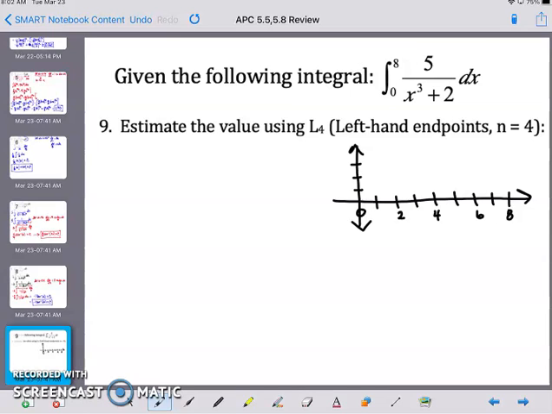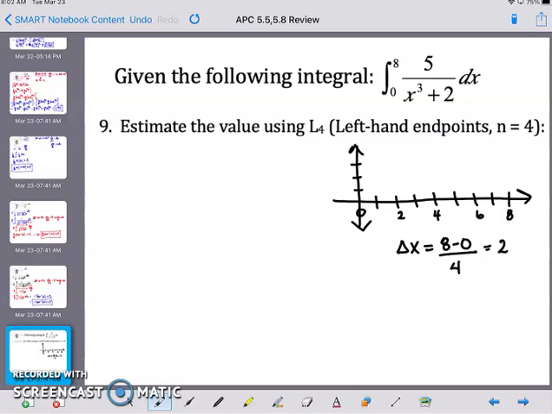First of all, we know that if we're only going to have 4 rectangles, then our delta x is going to be equal to b minus a, so in this case 8 minus 0, divided by n, which is the number of rectangles, which is 4. So we end up with 8 divided by 4, or 2. So the base of each rectangle, or our delta x, is going to be 2.